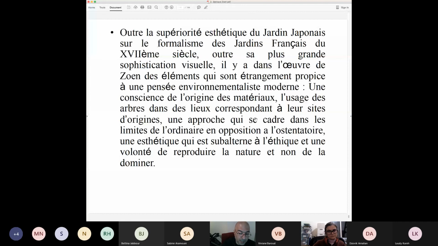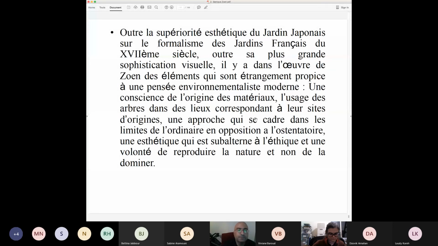Japanese landscape design takes this complexity and absorbs it into its work, whereas the French and Renaissance garden tries to limit it, tries to reduce it. So in effect what we see is a far greater visual sophistication in the Japanese garden.